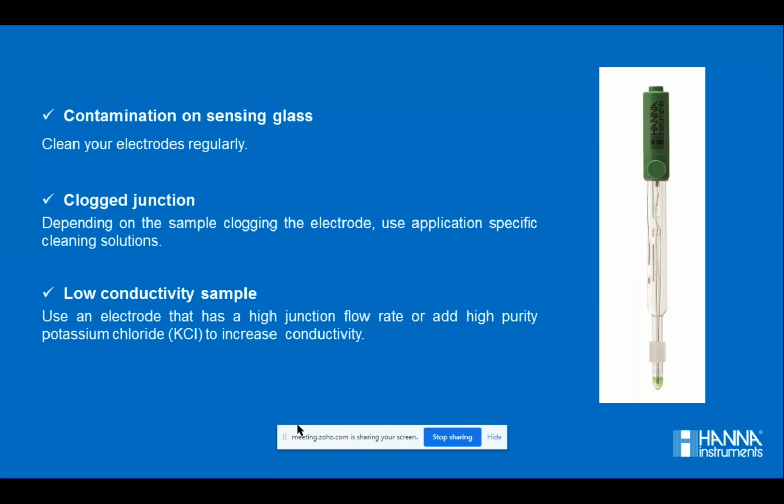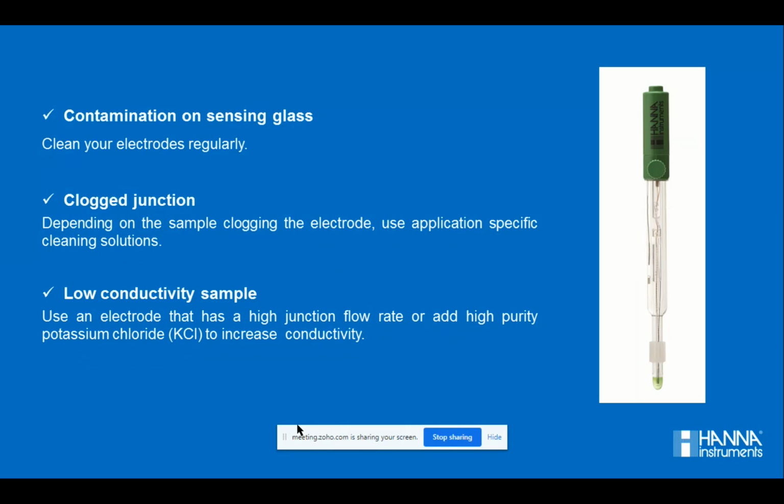The most common possible error can be contamination of the sensing glass. And yes, the contamination of sensing glass is a very common problem. The common problem that can be faced by a user if he is continuously using a pH electrode with many samples, and the sample gets deposited on the electrode.